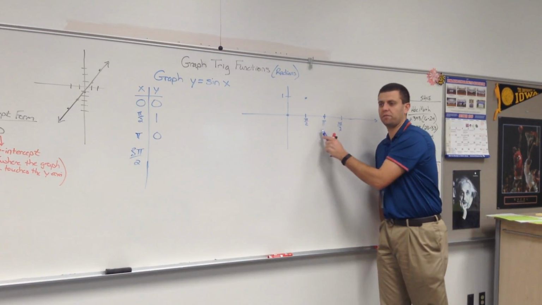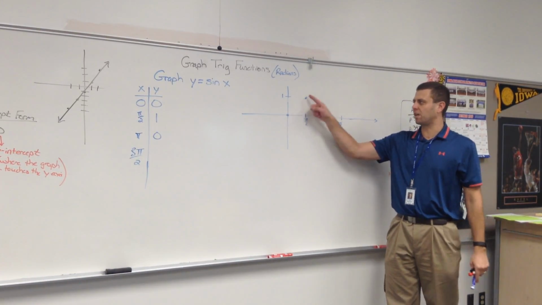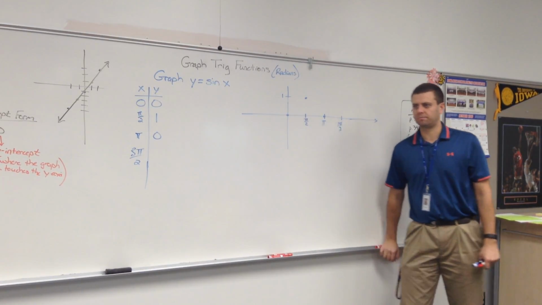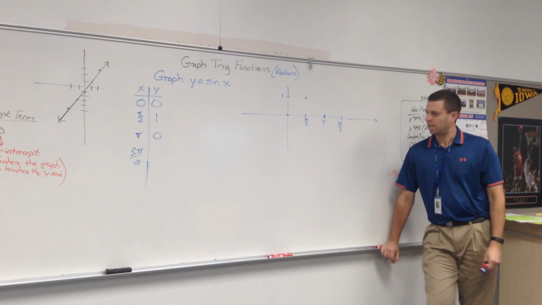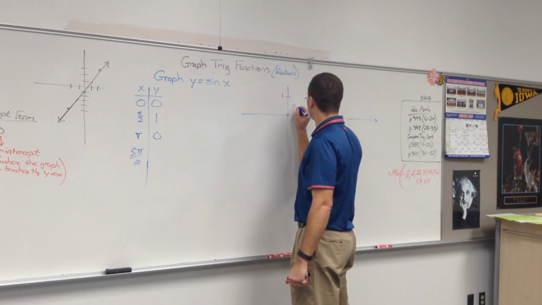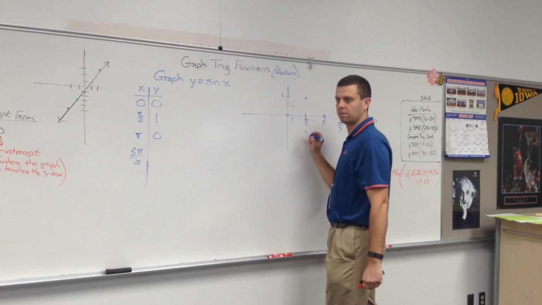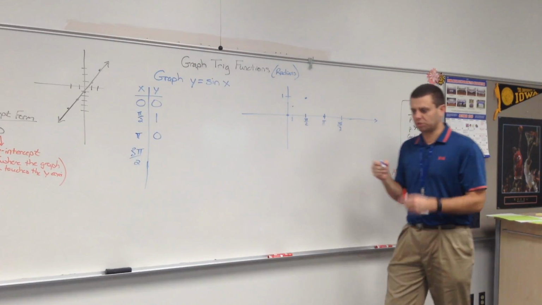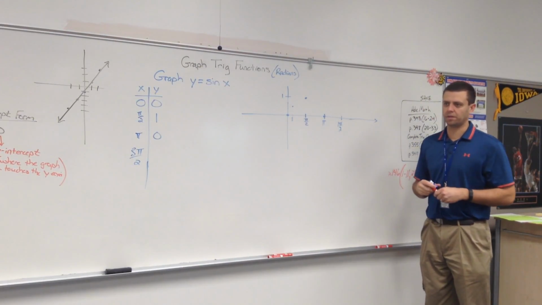You can count by whatever you want, but look at how these are coming out nice. I want to hit the zeros and the ones. If I wanted to, I could put pi over 6 right here, and that would be 1/2. You could do whatever you wanted. You'll see why you'll want to use what I'm using here, because it makes things a lot easier to work with.